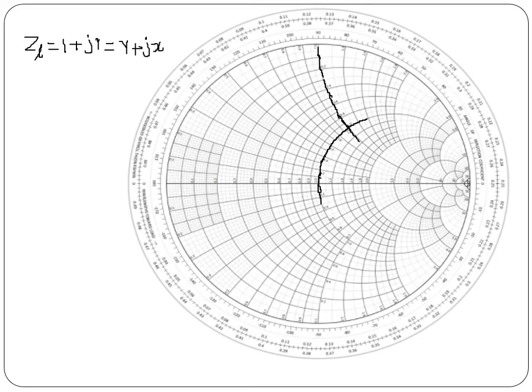The R equal to 1 circle and the jX equal to 1 circle coincide at this point. This is equal to ZL.